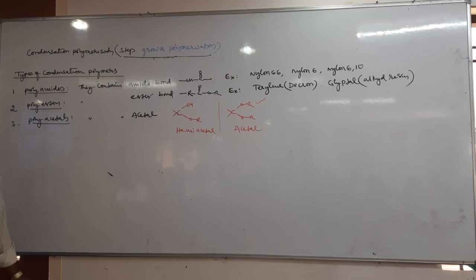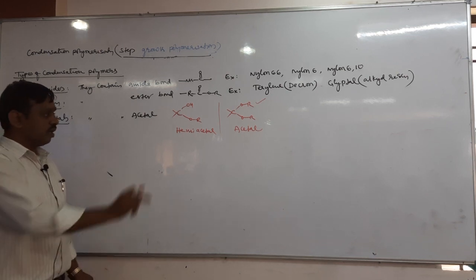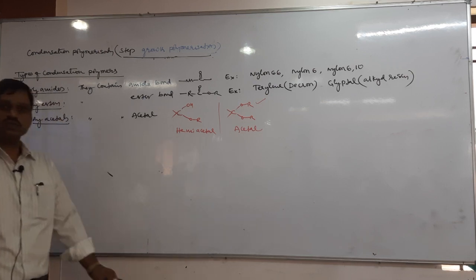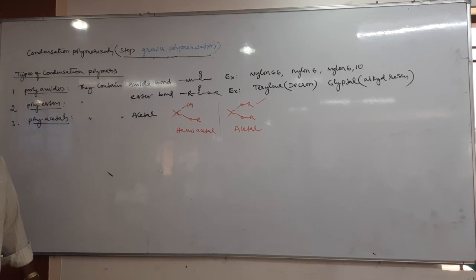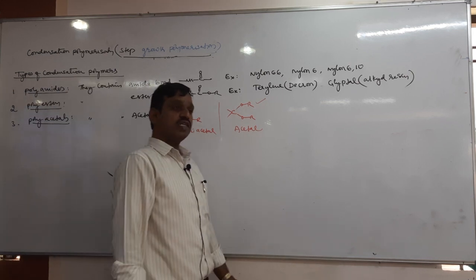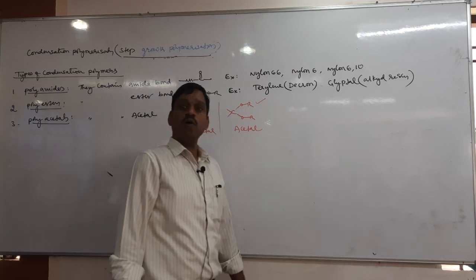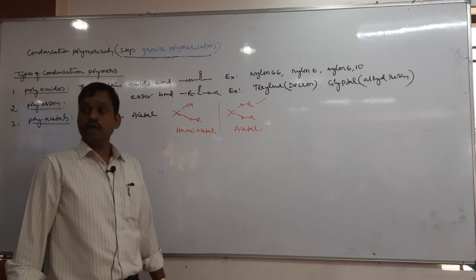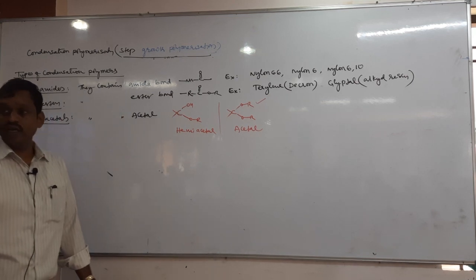Can you tell me which biomolecule has hemiacetal and acetal bond? Which bond is a hemiacetal bond and which is an acetal bond? We have studied in carbohydrates. In carbohydrate, which bond is a hemiacetal bond?